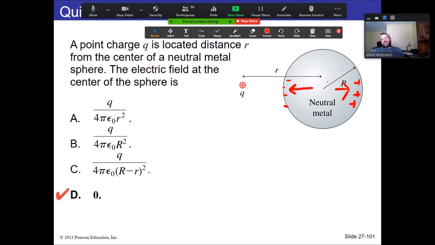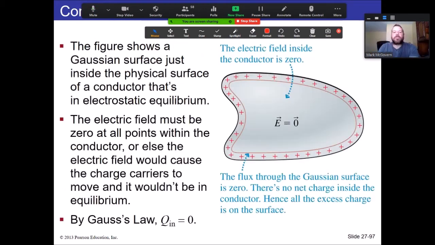Okay, so everything inside here, the electric field becomes 0. Because if the electric field was not 0, then charge would continue to build up and build and build and build. I mean, if the electric field is always going to be a constant there, then charge is just going to build up and build up until, I don't know what, the universe explodes or something. But that's what happens here. You have this instantaneous polarization, which then cancels the field out to the point charge, and then the electric field inside is 0.